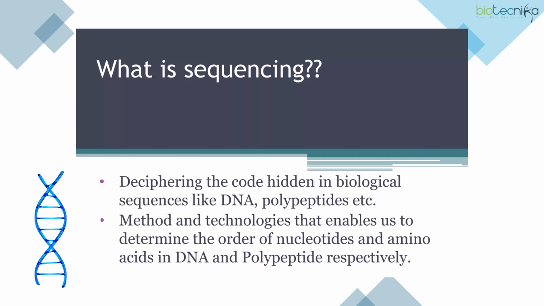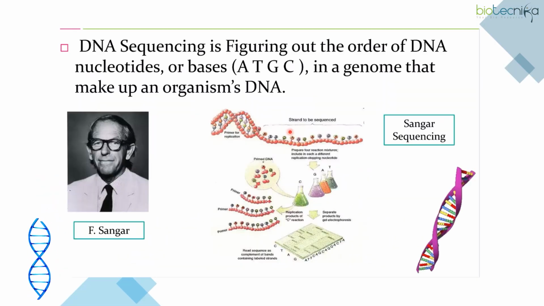For that purpose, we have to know the very basic overview, which is what DNA sequencing is. DNA sequencing is nothing but figuring out the order of DNA nucleotides on the basis of ATGC pairs, with respect to the reference genome, so that we get to know the overall makeup of an organism by a reference genome sequence.